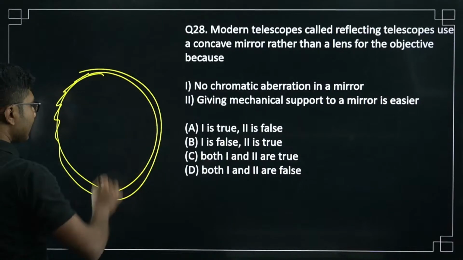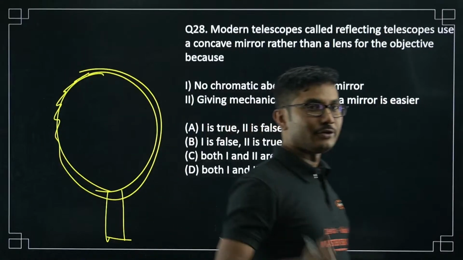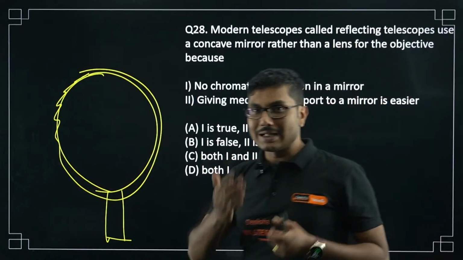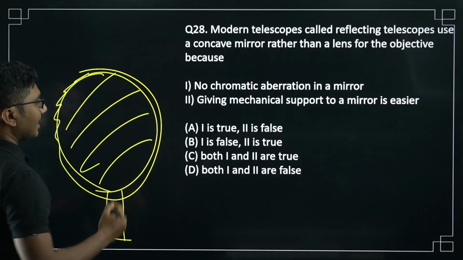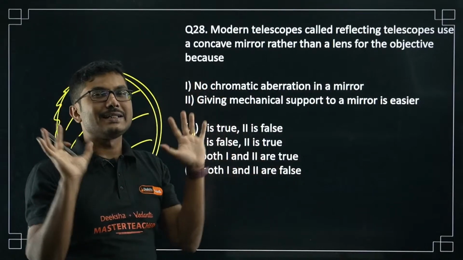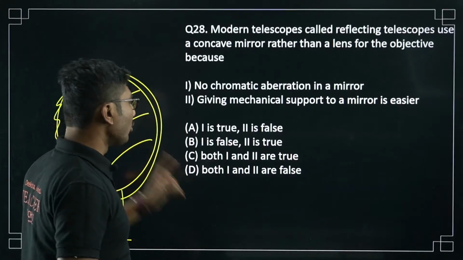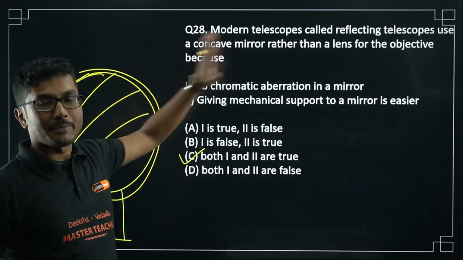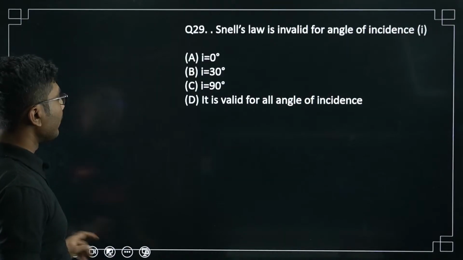If you have seen the lens, the spy lens or the convex lens available in your home, they are supported only along the rim. But mirrors, on the other hand, you can support from the entire back. So no matter how big you make it, it can still be held by supporting it from the back end. So both the statements are true. 1 and 2 both are true. This question came in last year's PU board final exam, so the question was taken from there.